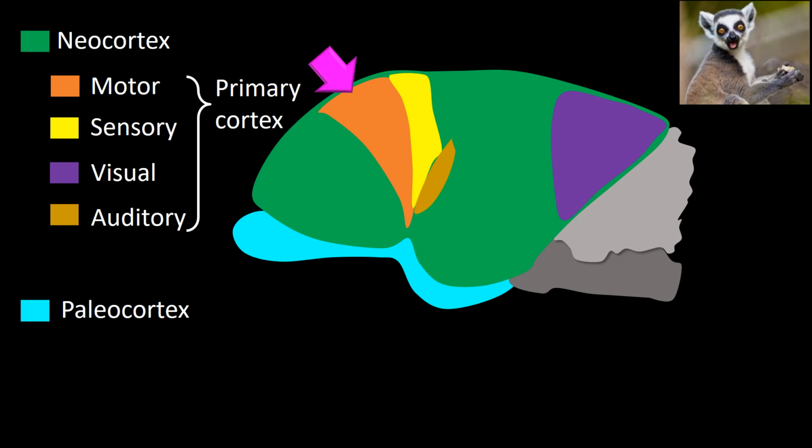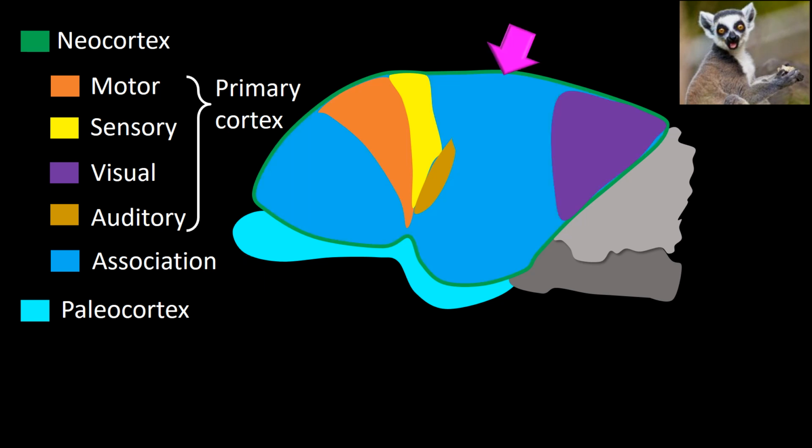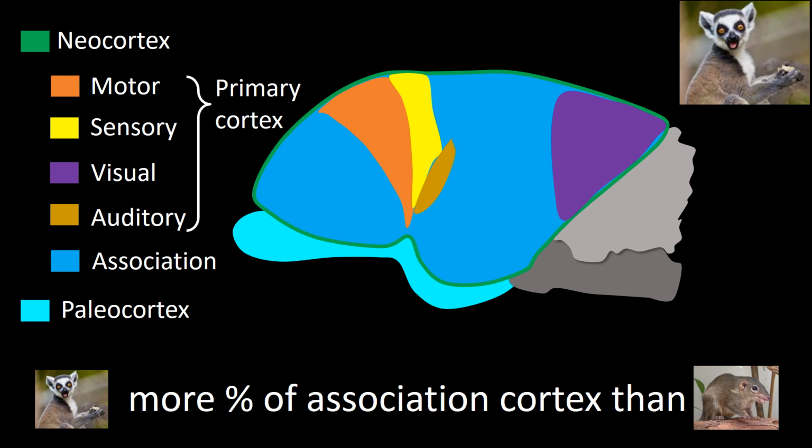So we have the motor cortex most anteriorly, then comes the somatosensory cortex, and the vision is in the back, but also in the lateral surface, close to the somatosensory cortex, we can now see the area for hearing that we could not see in lower species. The association cortex occupies the rest of the neocortex. So lemur have more association cortex than tupaya.